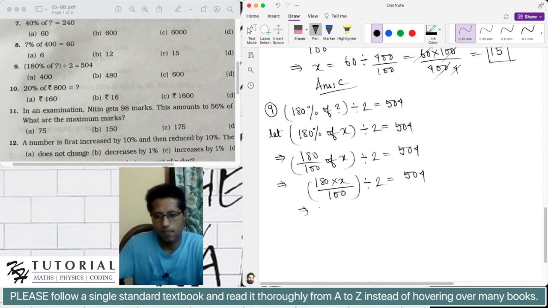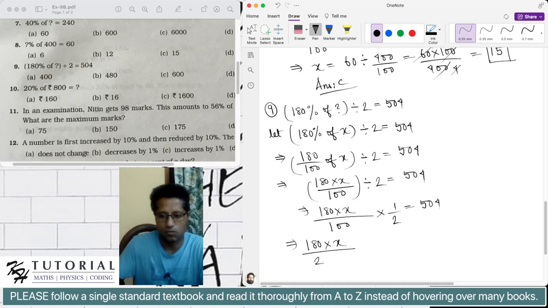Now divided by 2 means multiplied by the reciprocal of 2, that is 1 by 2. So 180 multiplied by x divided by 2 into 100 is equal to 504.